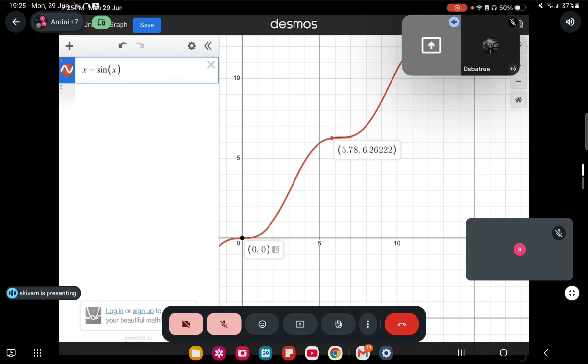First of all, the function is increasing. It is concave upwards up to 2 pi. Then it is concave downwards, then upwards, then downwards. Wait a minute. At pi, the concavity does not change. So that means I have done some mistake or what?